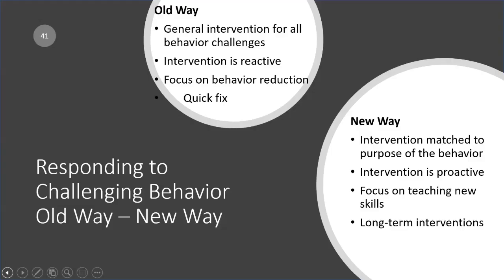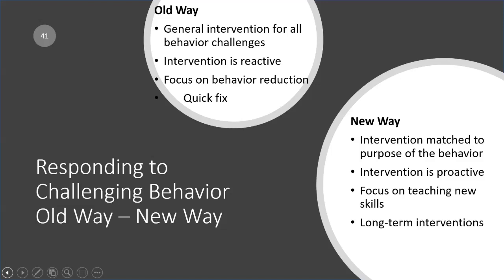So in our last session, we talked about the old way of responding to challenging behavior: interventions for all behavior challenges, reactive interventions, the focus on behavior reduction, and the quick fix. So dealing with things as they occur.